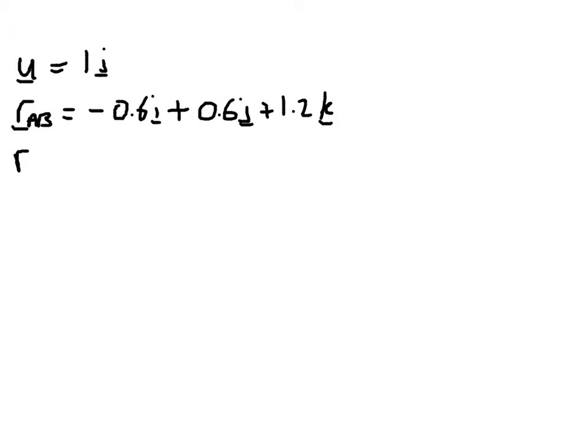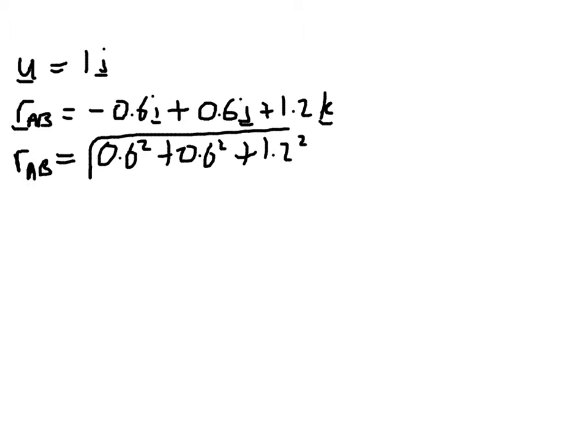So the magnitude of AB is going to be 0.6 squared plus 0.6 squared plus 1.2 squared, all square rooted, which is going to be 1.47 metres. So the length of that arm that's holding up the bonnet there is 1.47 metres.